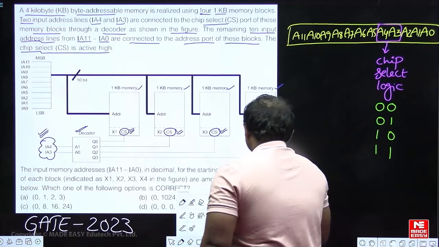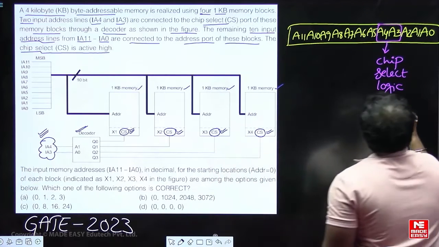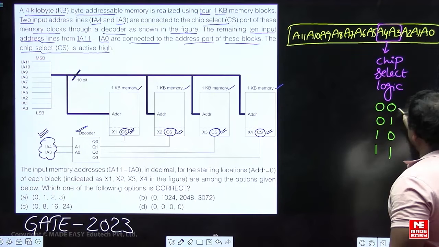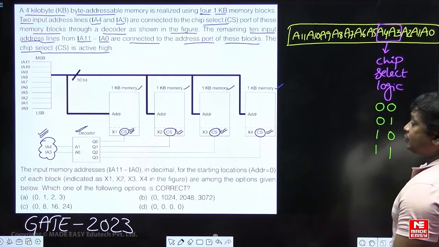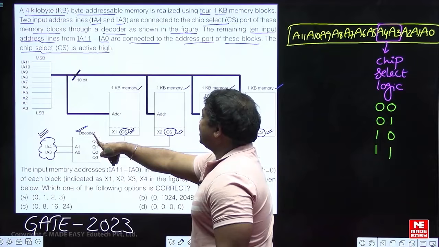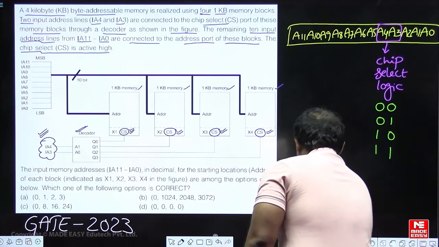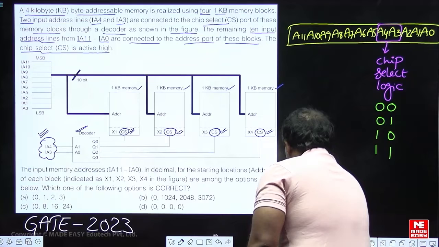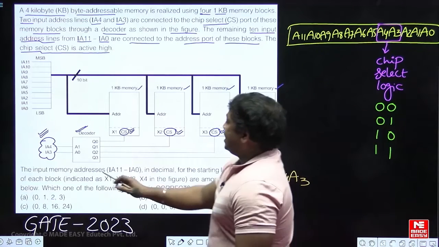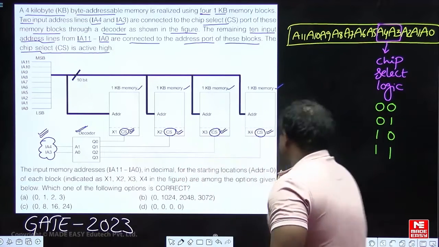So when A3 and A4 are 0 0, the Q0 signal is generated from the decoder. A3 is connected to A0, A4 is connected to A1, LSB and MSB.